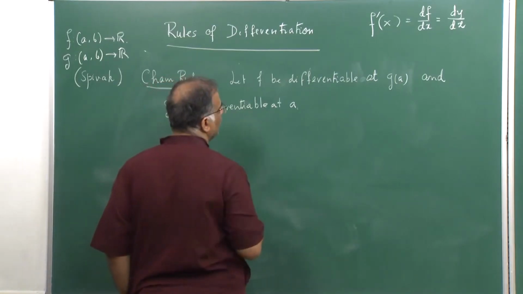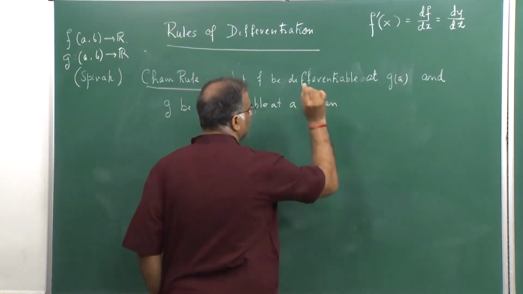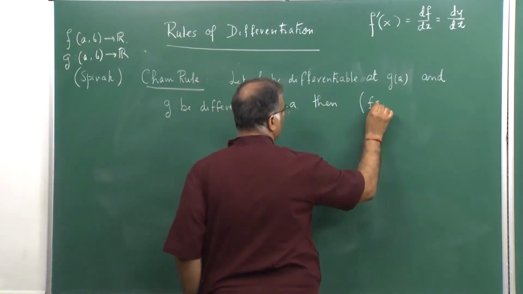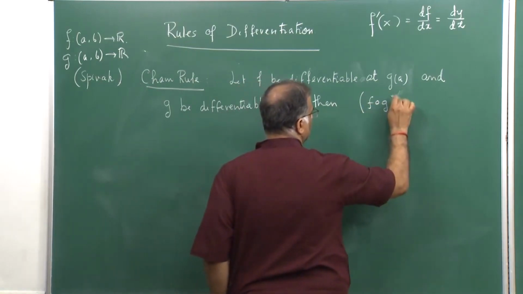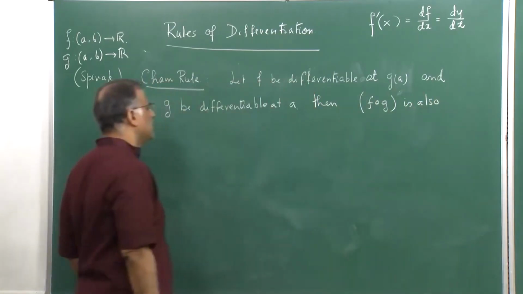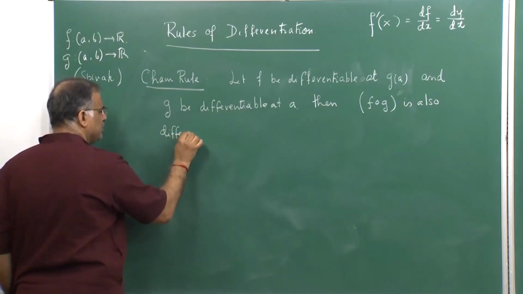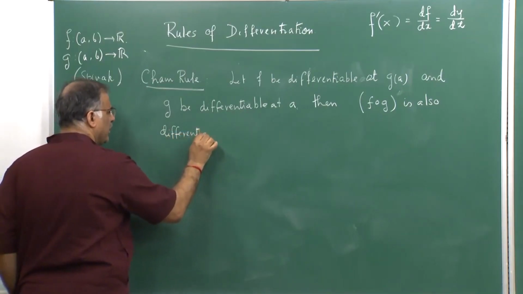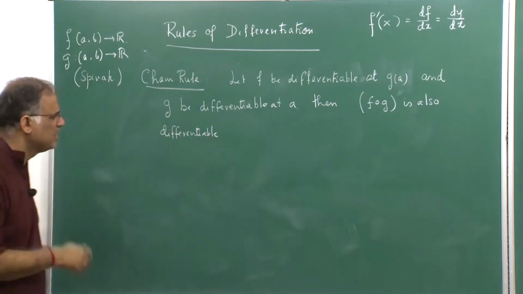Let g be differentiable at a, then f composed with g is also differentiable at a. See, we are not bothered much about the domain and range of f and g, this is obvious.